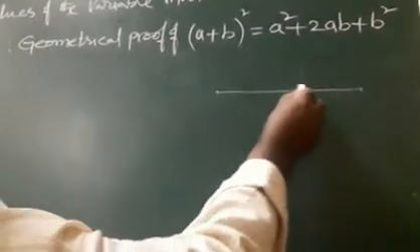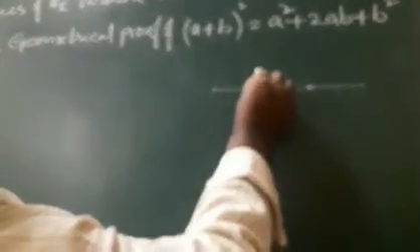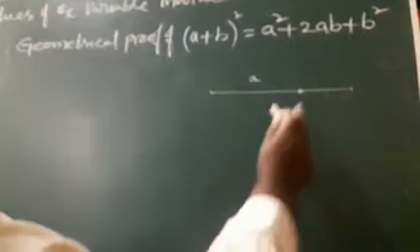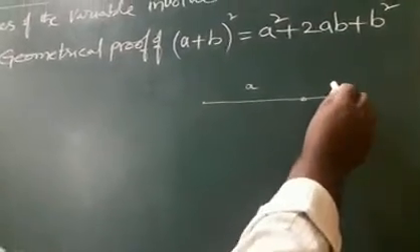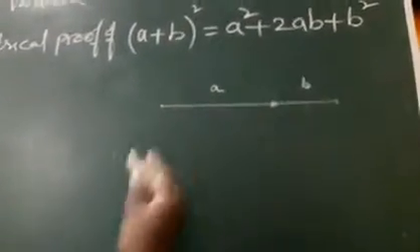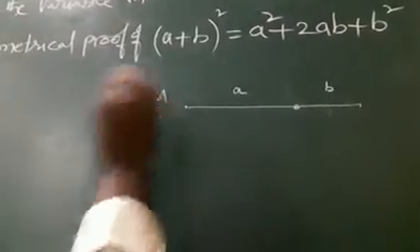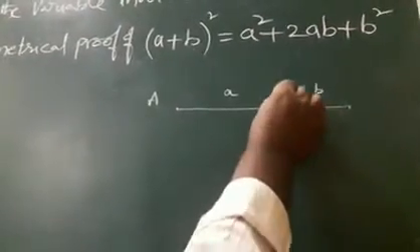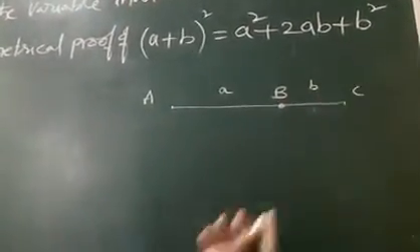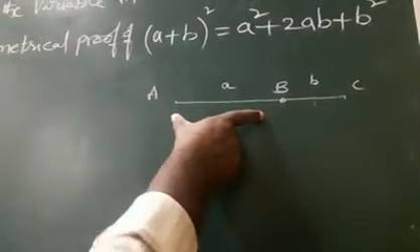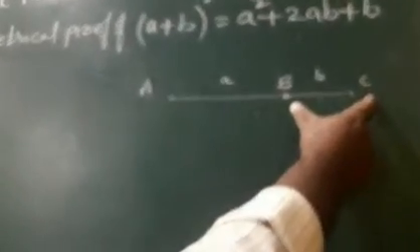From here to here, the distance, let it be a, and from this point to this point the distance is b. Now name them A, B, C. That means AB is one distance and BC is another distance.